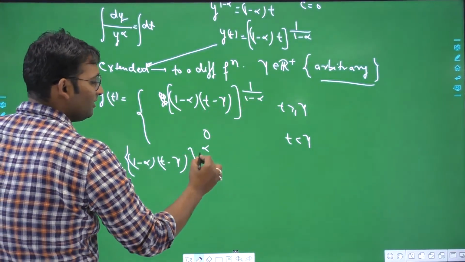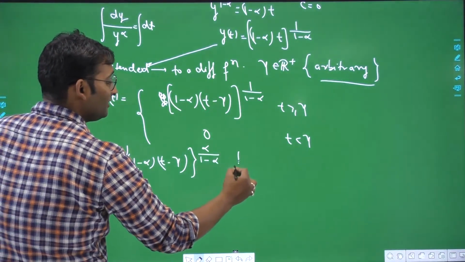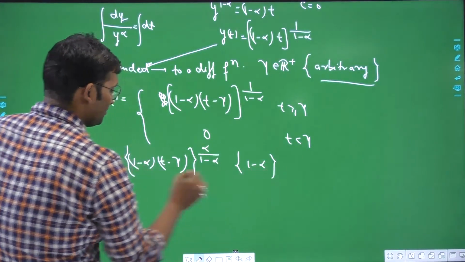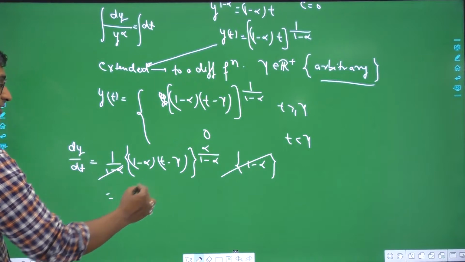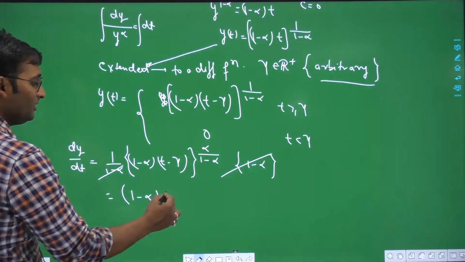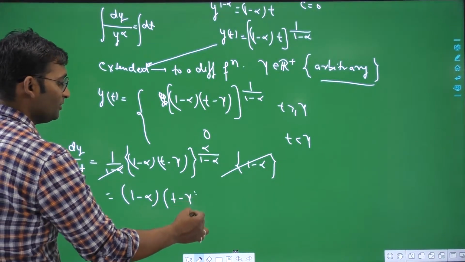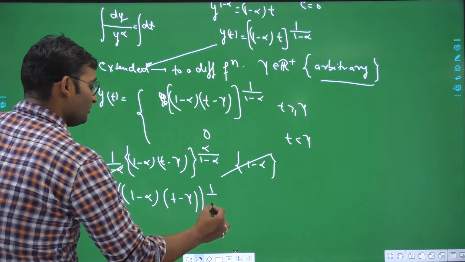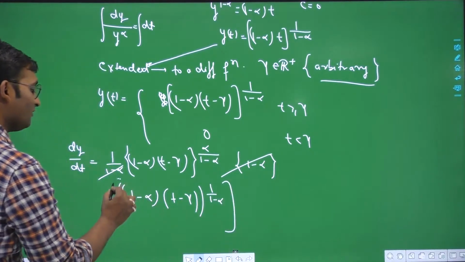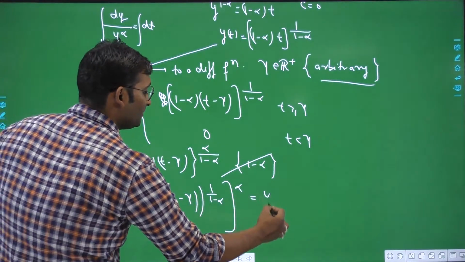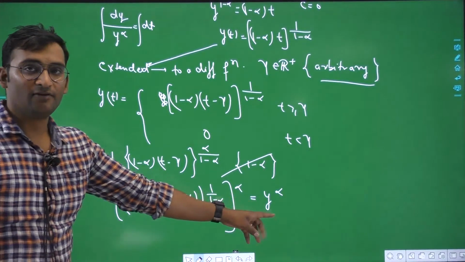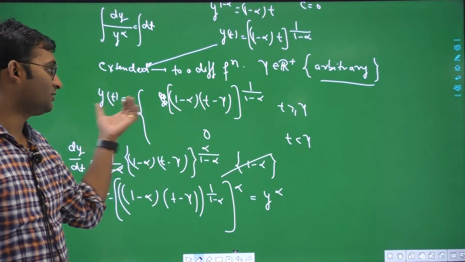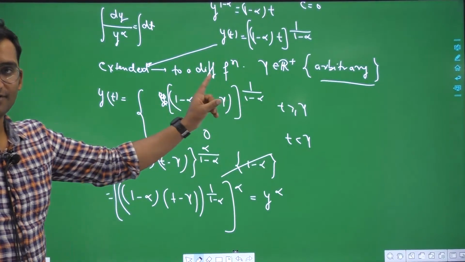Because it is multiplied with (1 minus alpha), this gets cancelled. What it happens to be is ((1 minus alpha)(t minus gamma)) raised to power alpha upon (1 minus alpha), which is y raised to power alpha. So dy/dt is equal to y to the power alpha. Therefore this particular solution also satisfies the given differential equation.